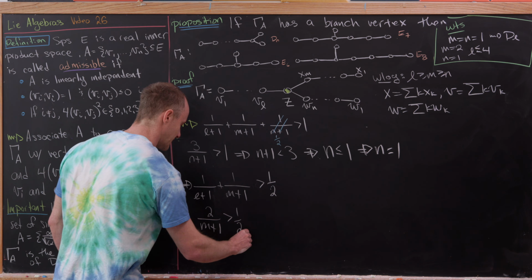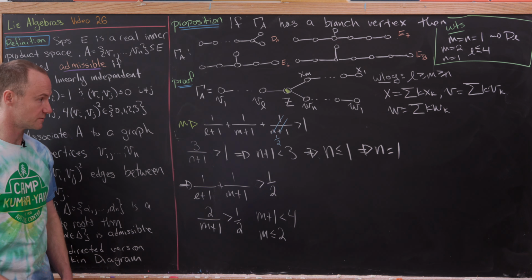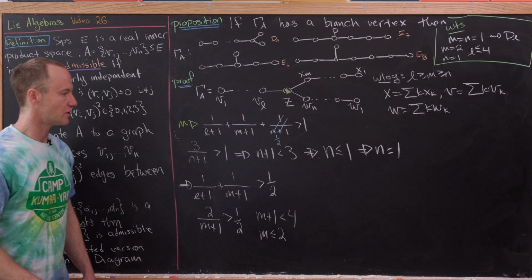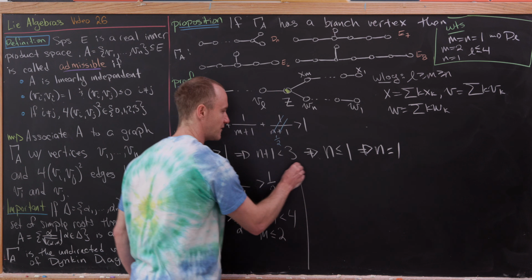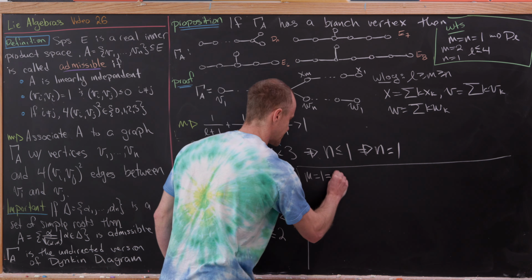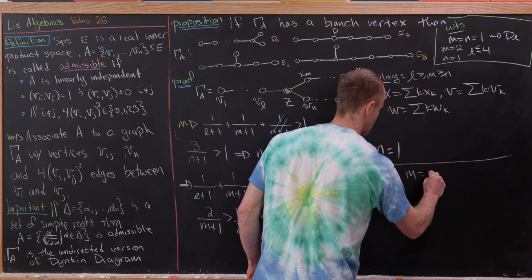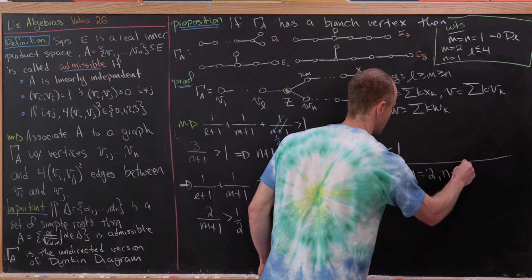That tells us that m plus 1 has to be strictly less than 4, meaning that m is strictly less than 3, meaning m is less than or equal to 2. Okay, so that means our possibilities so far are the following. We have m equals 1 equals n, or we have this case when m equals 2 and n equals 1.